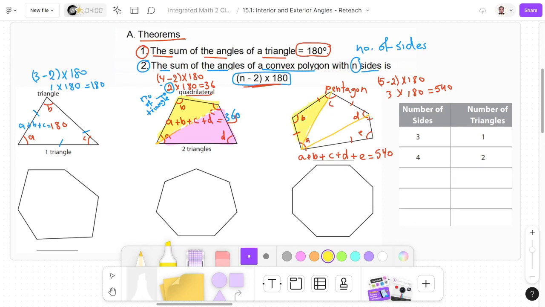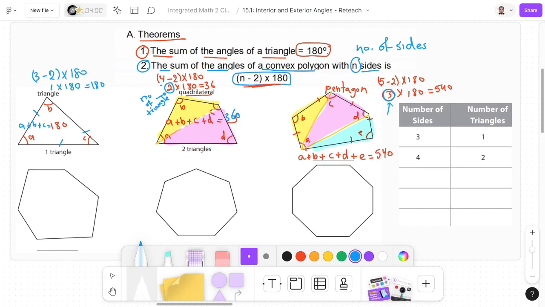Then also, this is my second triangle. Then also I have this one here. This one should be my third triangle. So as you can see here, I have three triangles, which is represented by the number that I found after I minus from the number of sides.